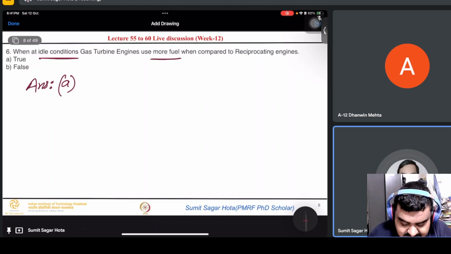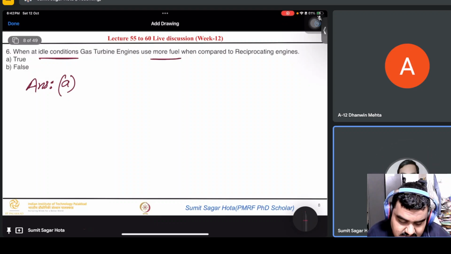If there were a slight modification in the question, say, when in idle condition the gas turbine engine uses more engine oil when compared to a reciprocating engine, then this statement would be false, because inside the engine a reciprocating engine requires more fuel.